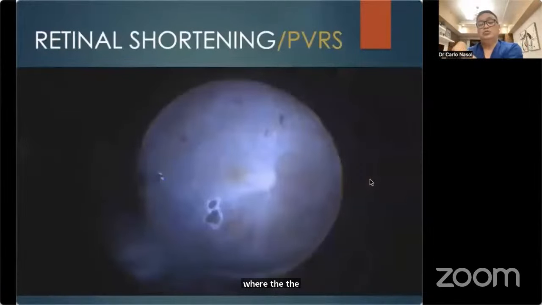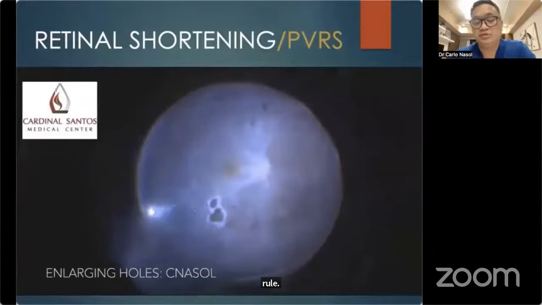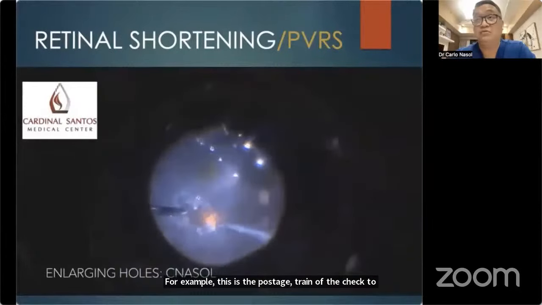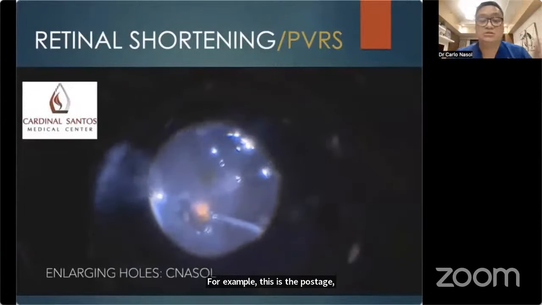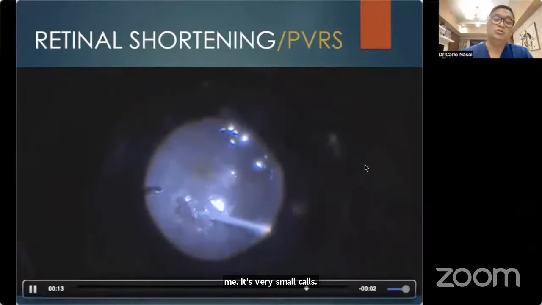As retinal surgeons, we are always referred patients who have chronic retinal detachment, patients who have PVR. Here's a simple case: during a vitrectomy, as you can see, it's a very small hole. Once you do air filtration, that hole enlarges and becomes bigger. This is one of the simple cases. I'm now going to show you a more complex case.